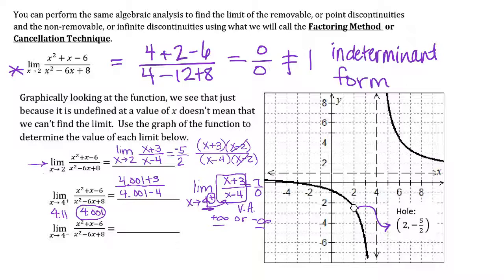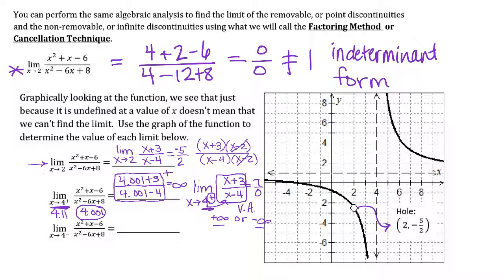Well, it's going to be positive, so that tells me that as I'm approaching 4 from the right, I have positive infinity. And I know it's positive because after I substituted in all of this, the value was positive.